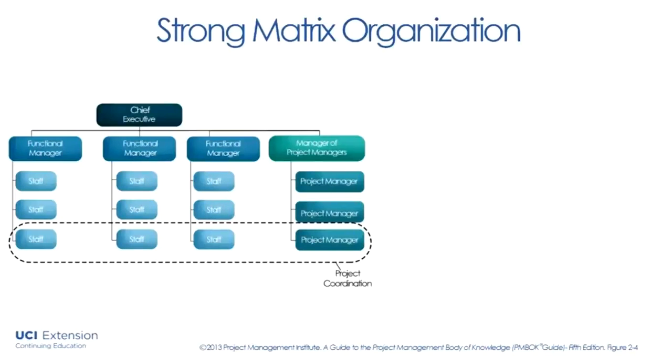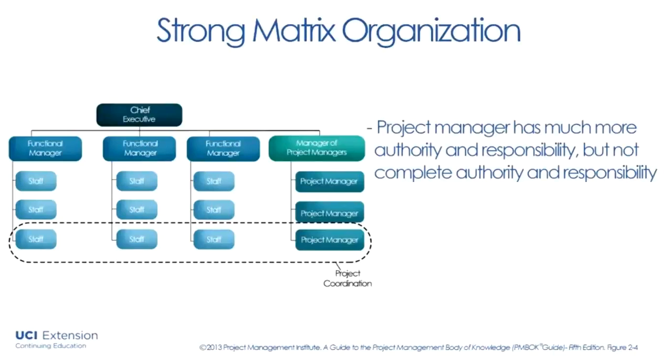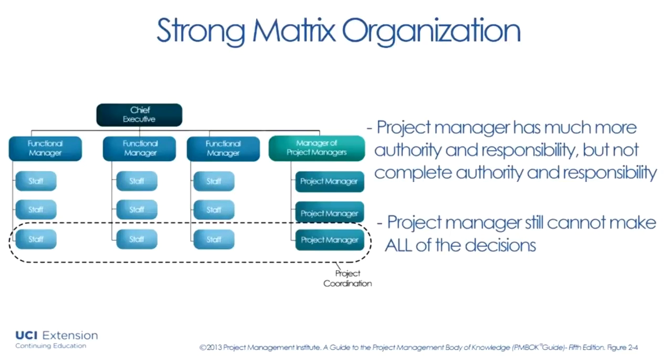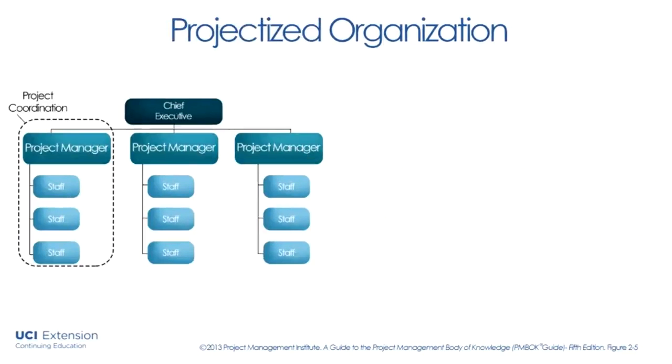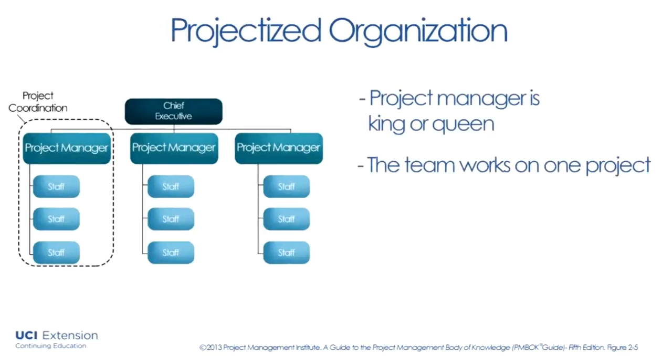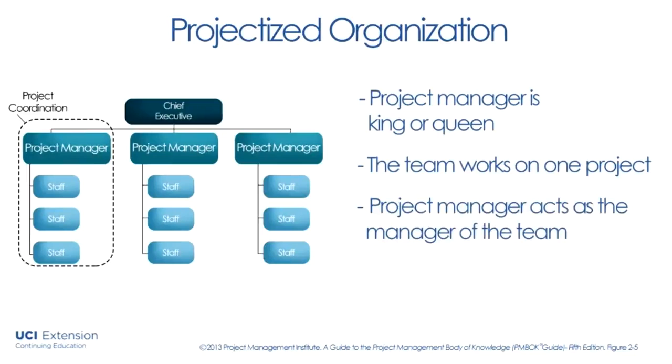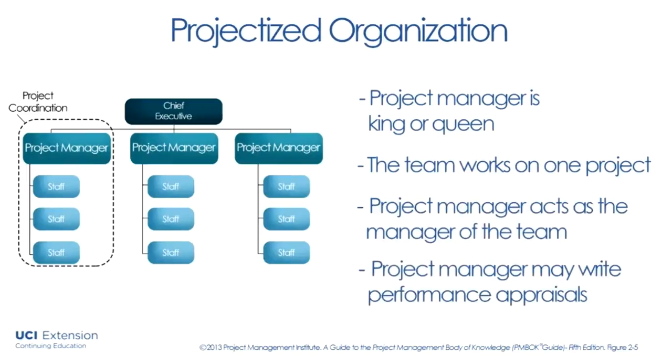In a strong matrix, the project manager has much more responsibility and authority, but not complete responsibility and authority. He or she still cannot make all of the decisions. Now, when we talk about a projectized organization, this is where the project manager is king or queen. The team is dedicated, works on this one project, and the project manager will act as the manager of the team, possibly even writing performance appraisals.